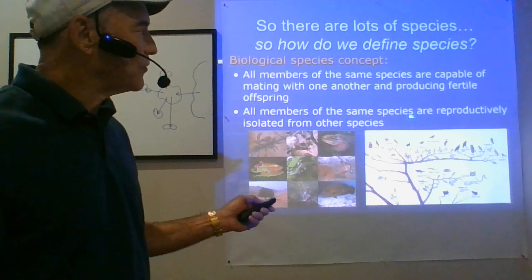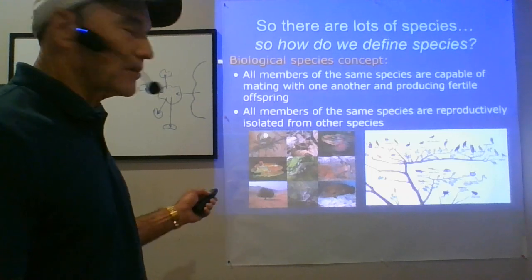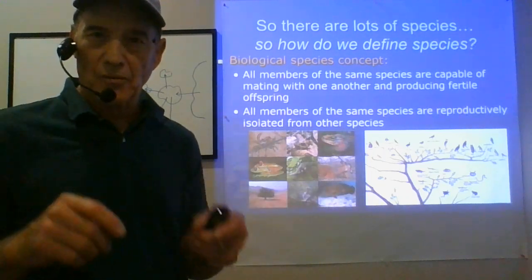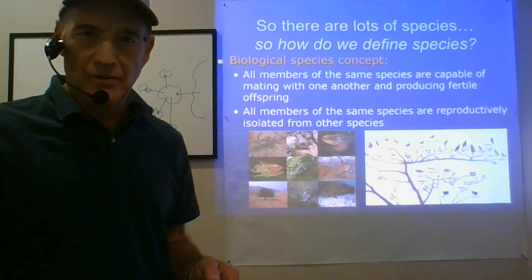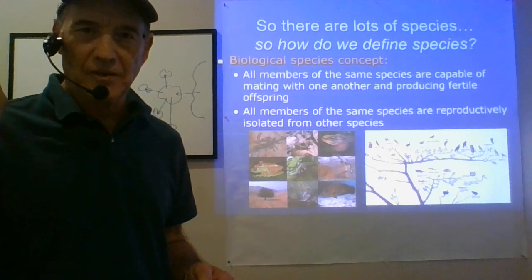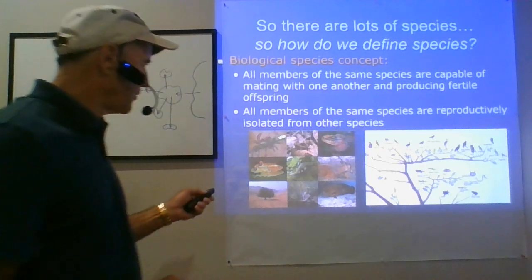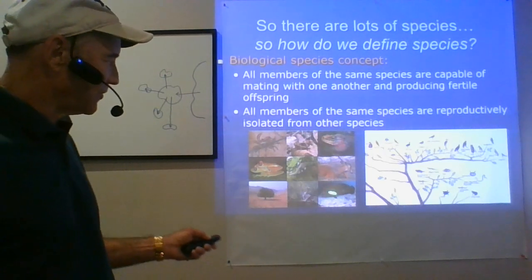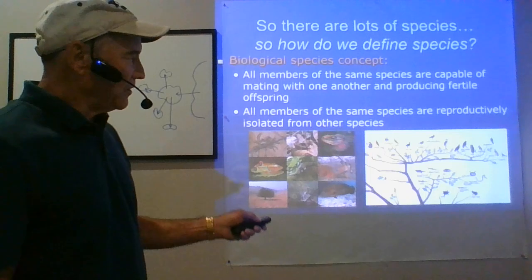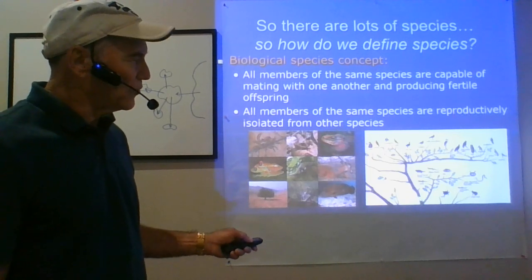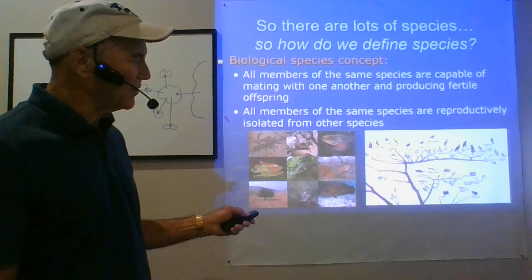All members of the same species are reproductively isolated from other species. They can reproduce with one another, but not with any other type of organism. Here's a bunch of different species. I just put that up for the fun of it. And here Darwin proposed the tree branching development of all the species.